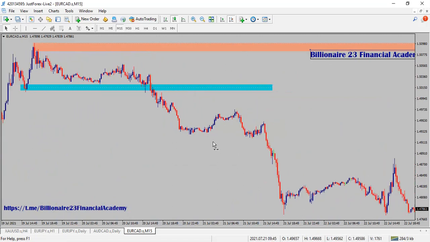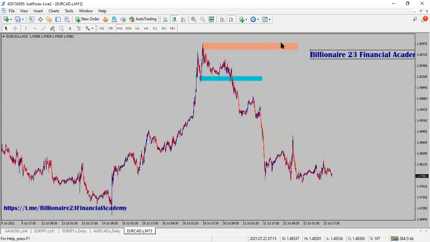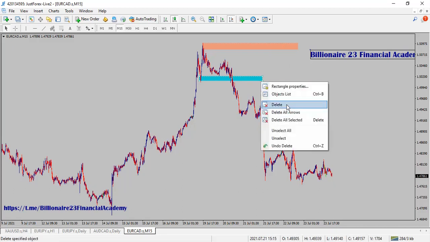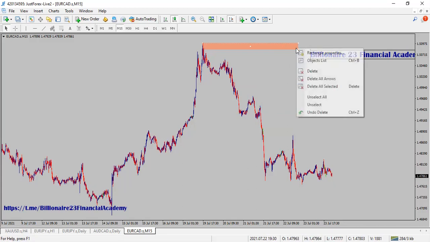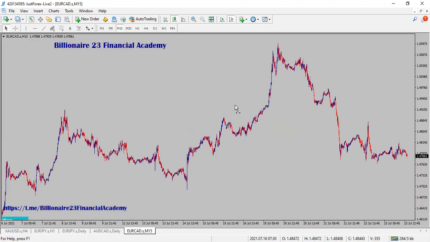They never went back, they just dropped. So on some occasions they do form double bottoms or double tops. Sometimes they don't. It's just something that you have to get in your system and then trade accordingly.